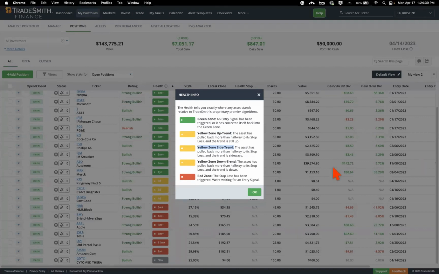And then we have the yellow downtrend with the down arrow. So when you have one of these, it usually means that it's still halfway to red, but the trend is now down.